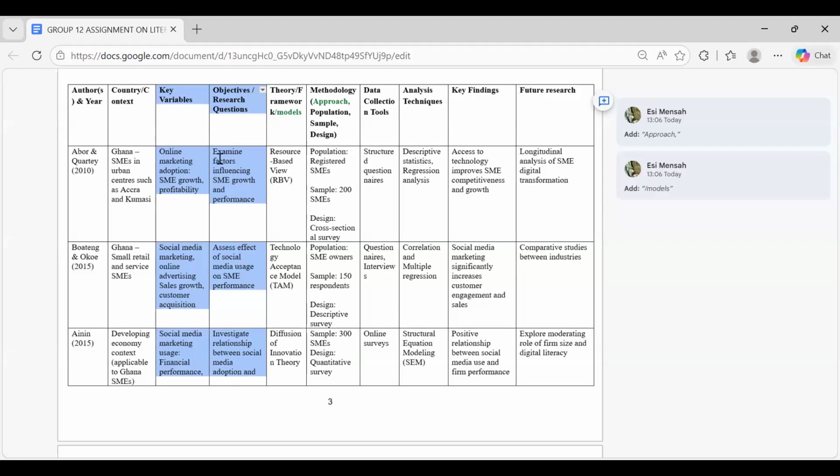The conceptual review, the next section you are supposed to write is what? Pardon, please, the theoretical review or the theoretical framework. Thank you. So this column right here will give you the information you need. So now we see resource-based view, technology acceptance model, diffusion of technology theory. Let's see, we have one count of each so far.